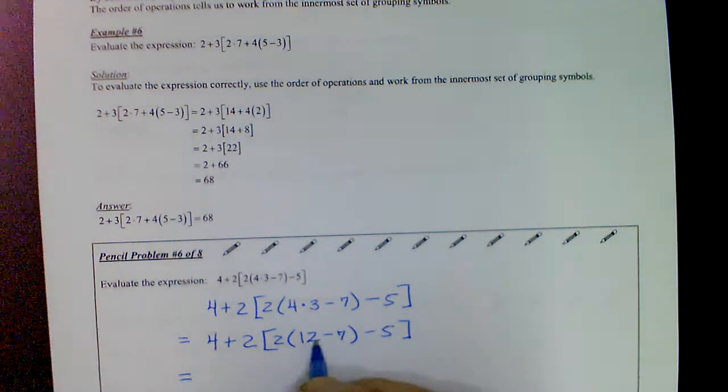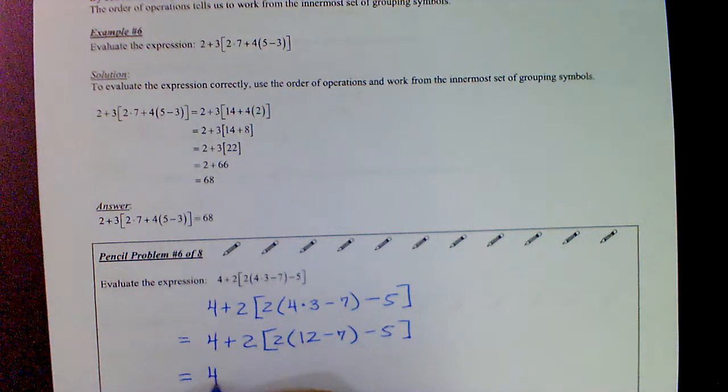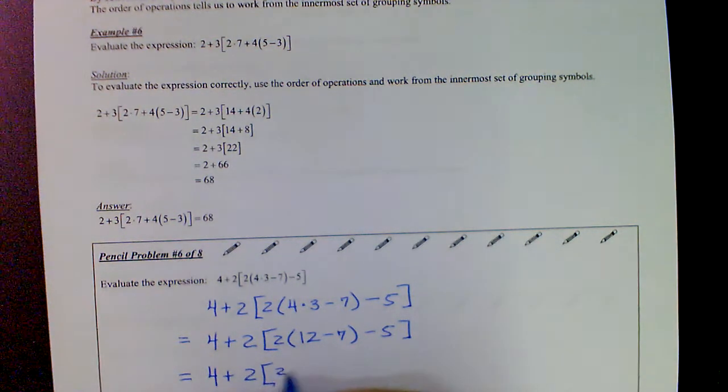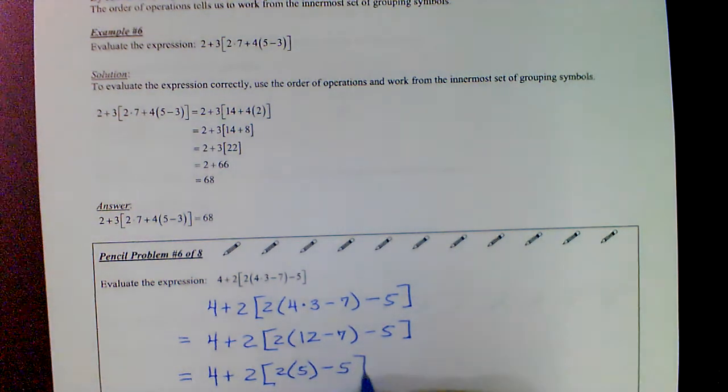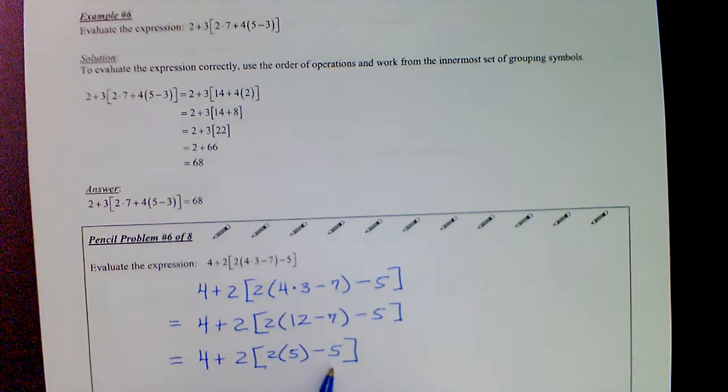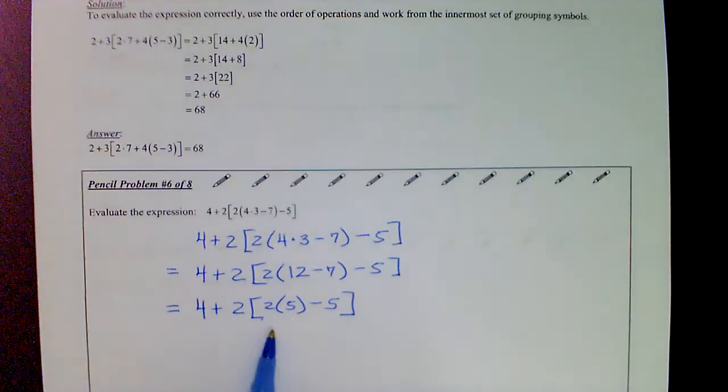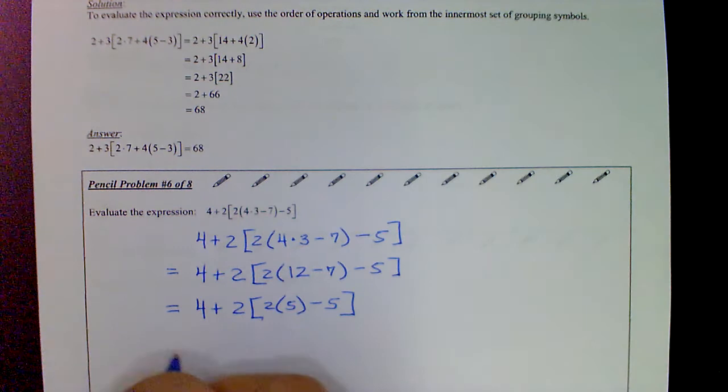Continuing, working in parentheses still, we'll have to perform that subtraction. So recopy 4 plus 2 in brackets, 2 in parentheses, 12 minus 7 is 5, and then minus 5, close the brackets. Alright, so now we work in the brackets, because those are grouping symbols.